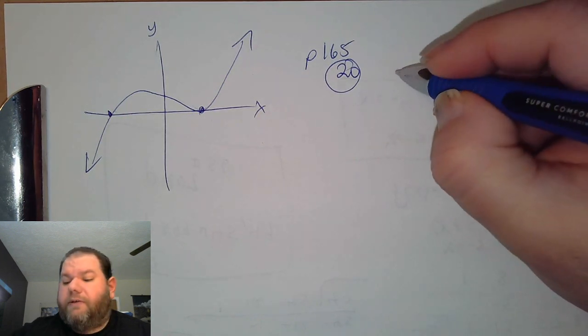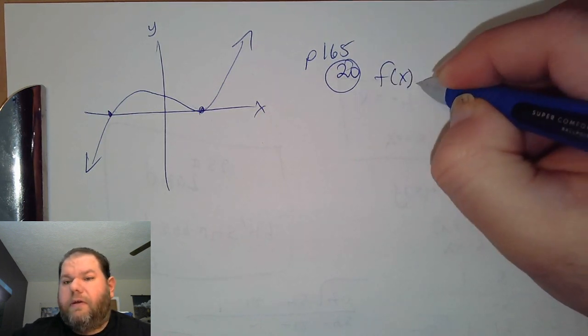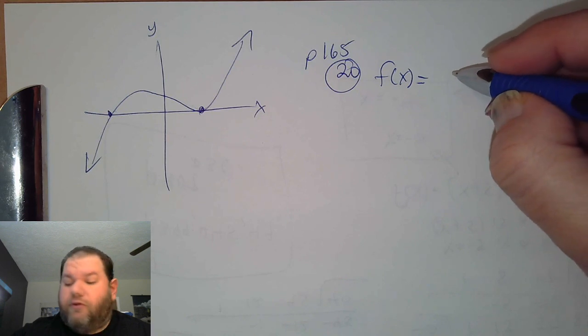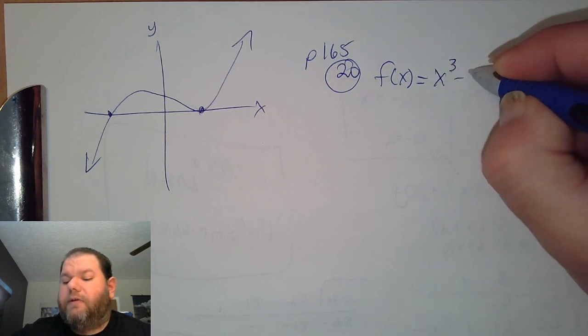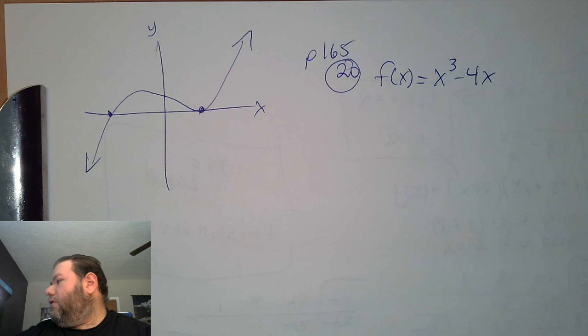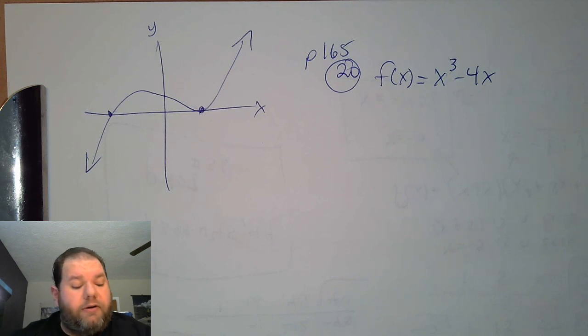We're given f of x is x cubed minus 4x. A lot of the problems are factored for us already. 19 and 20 are not, but they're set up in a way that they are easily factorable.